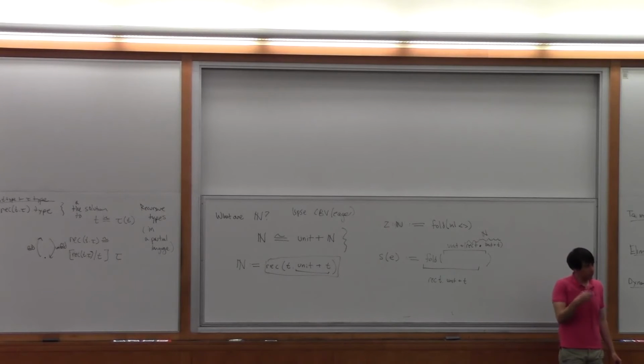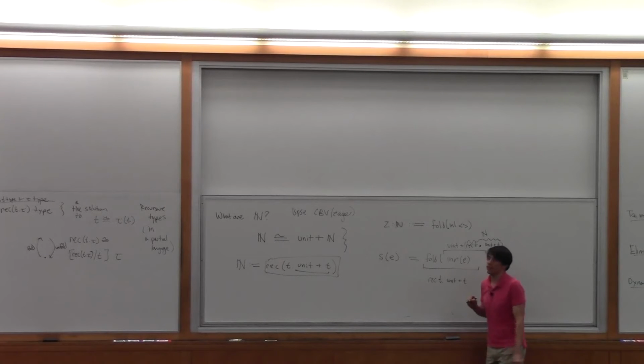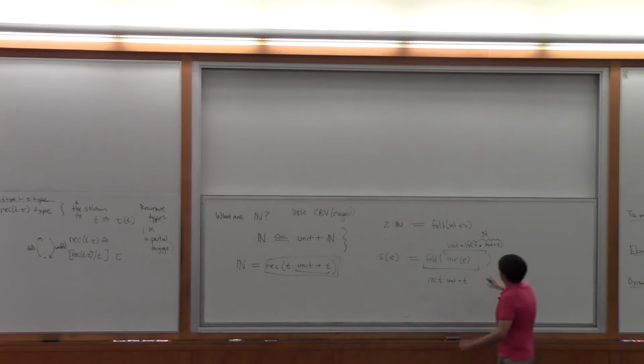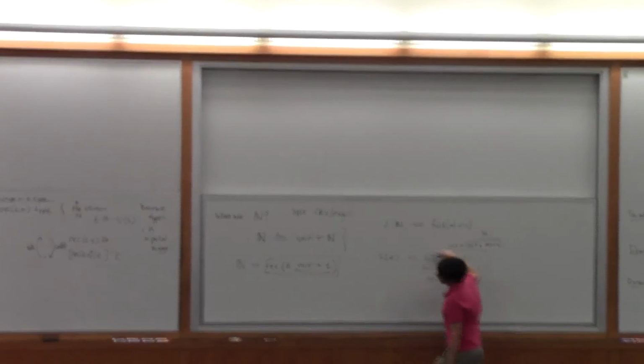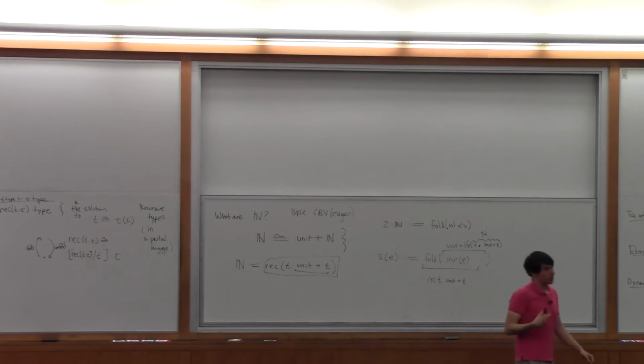When I unfold, unroll the recursive type, what I get is unit plus another natural number. Therefore, I can say in right of E inside there. So it's essentially fold composed with that function, exactly the representation of natural numbers in this type that we talked about in the beginning of the lecture with the fold.